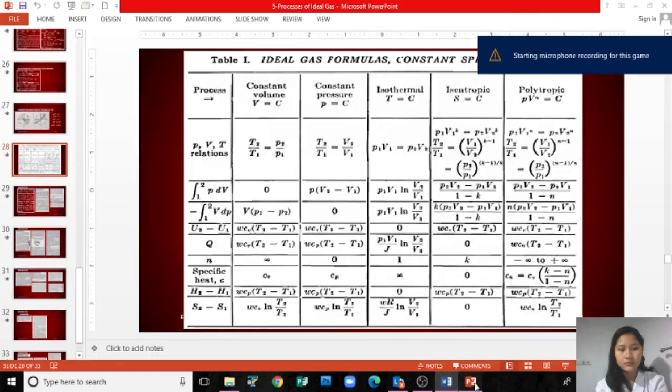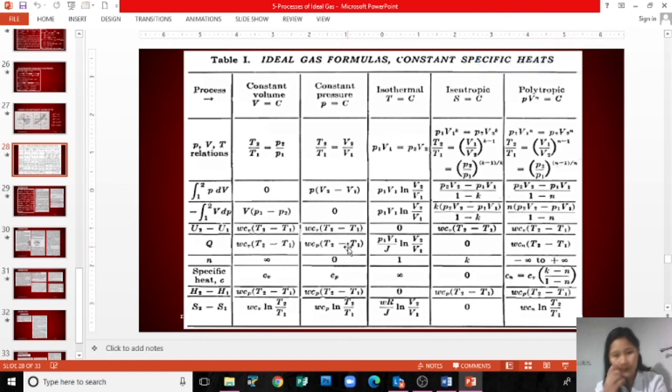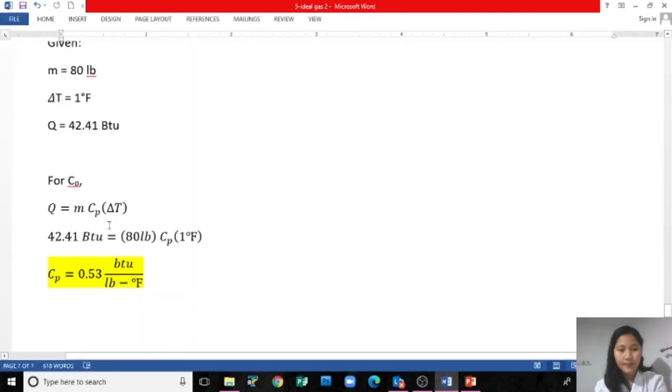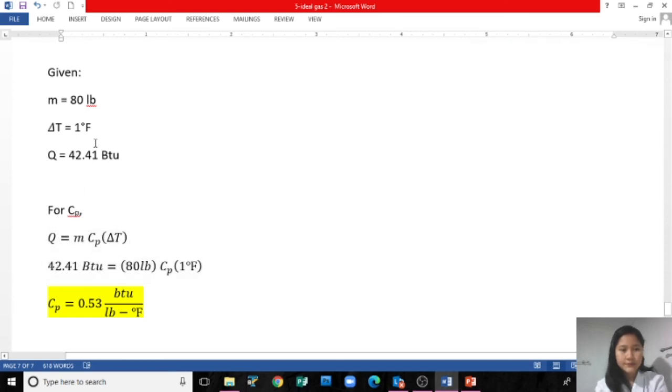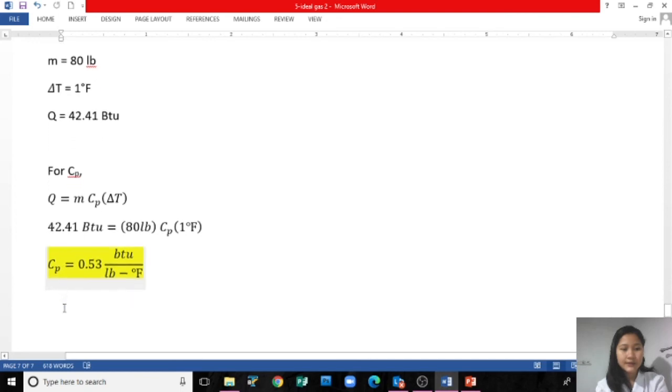Oh no, I mean this one. Since the pressure is constant, for delta Q we have the formula mass times Cp times the delta T. Now, to find Cp, we're just going to substitute all the given to the equation, and then Cp therefore is equal to 0.53 BTU per pound degree Fahrenheit.